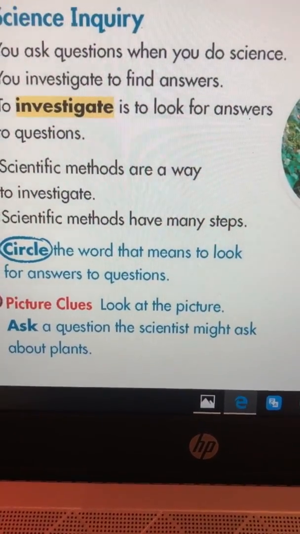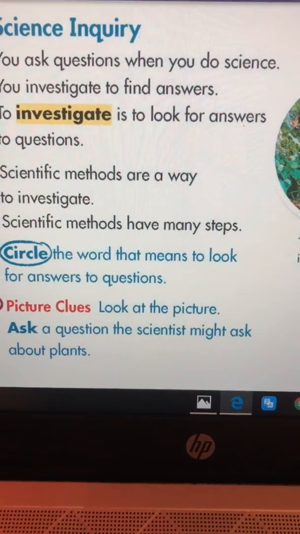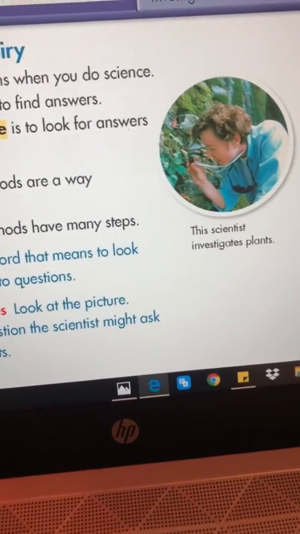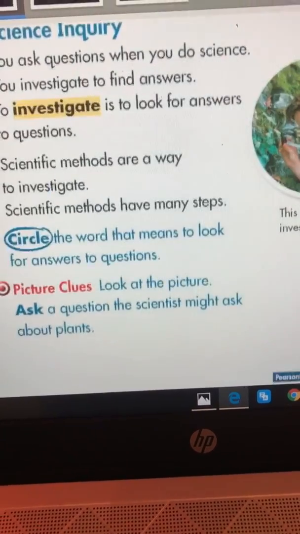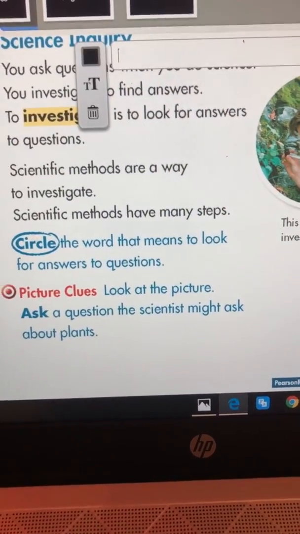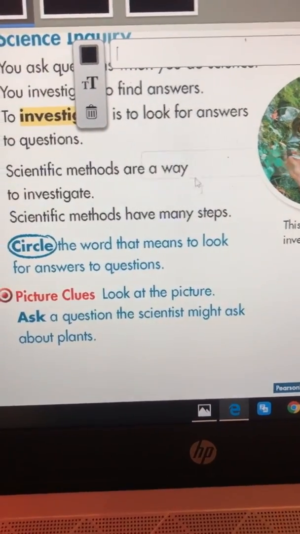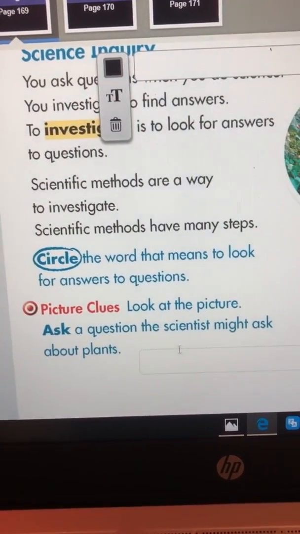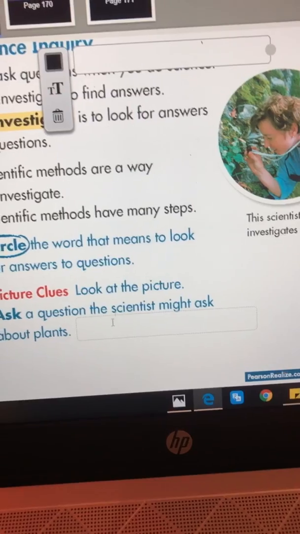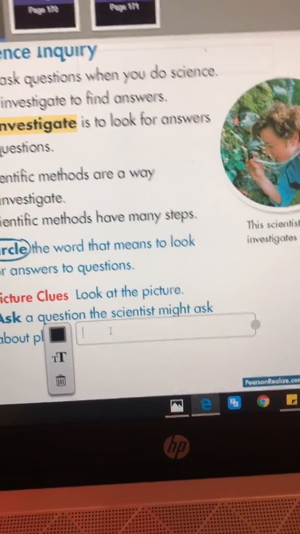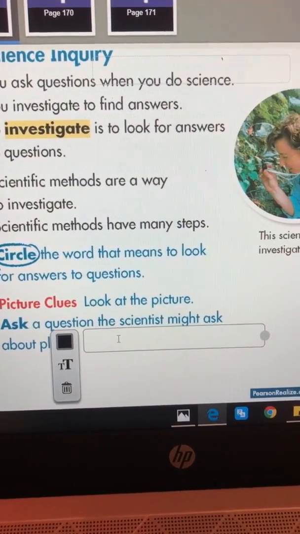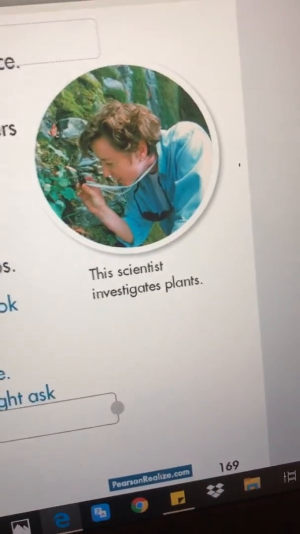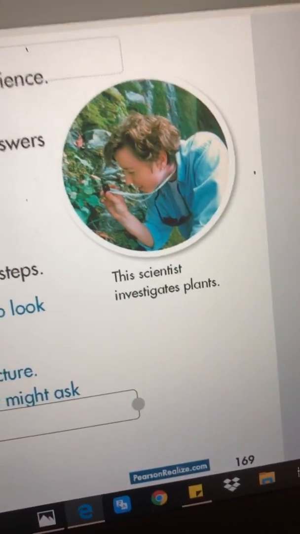Ask a question the scientist might ask about a plant. Okay, we'll answer here. So he might ask, what do the leaves look like?